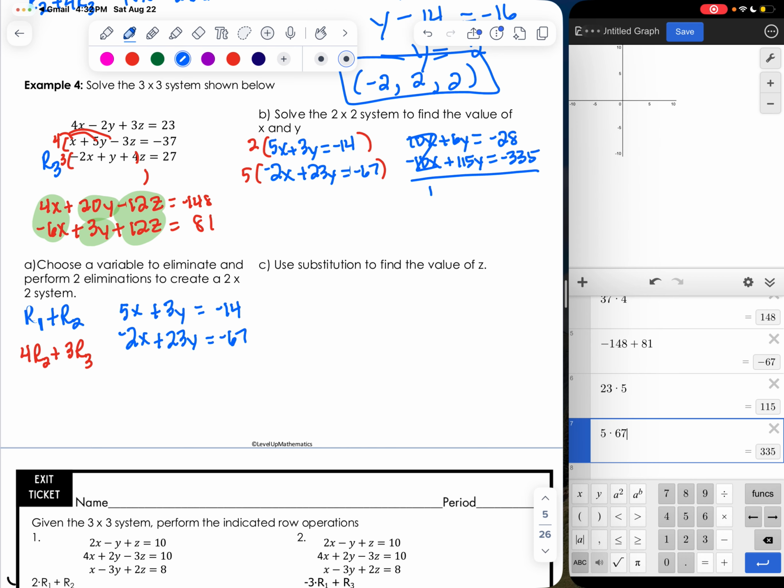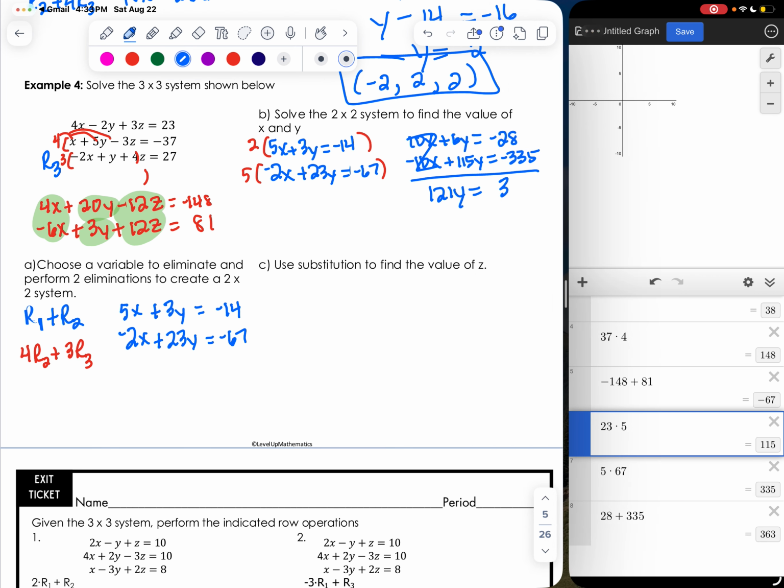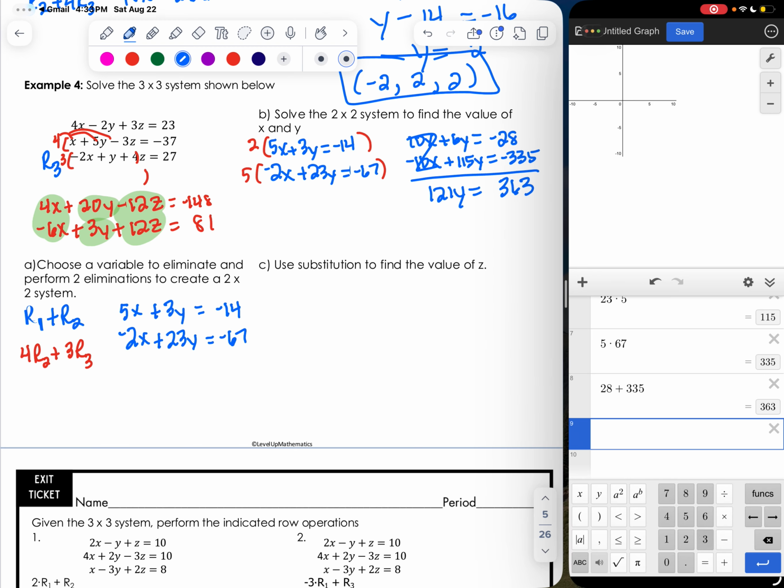So let's see, 121y equals 28 plus 335. That gives me 363. And divide. 363 divided by 121. So y is equal to 3.